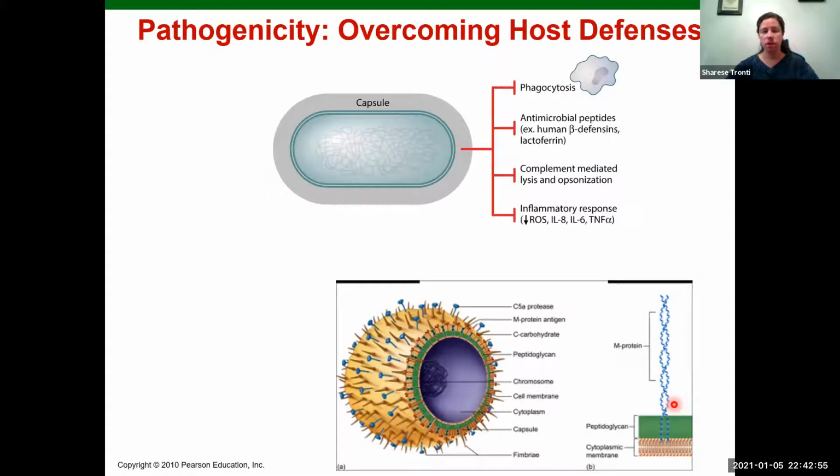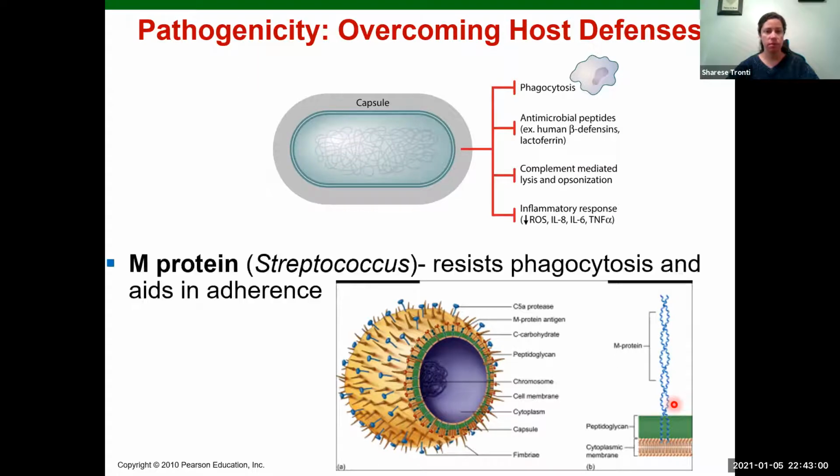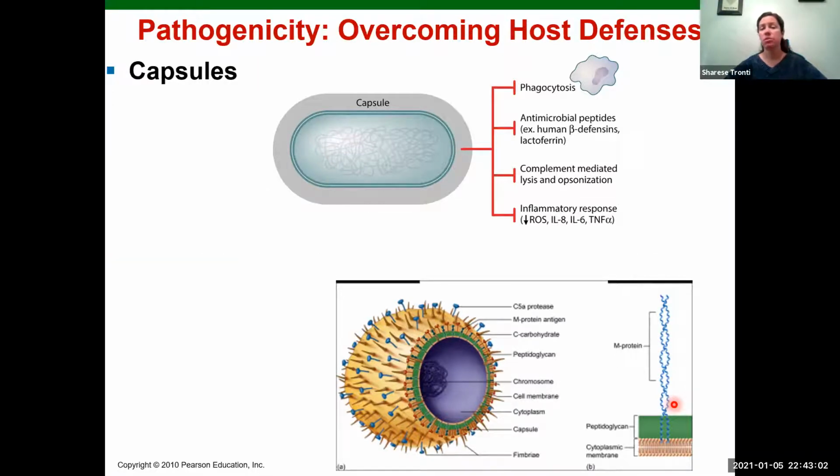All right, so a couple more factors. One is capsules. We've touched on capsules before. Capsules are going to help to evade host defenses. It's going to stop the immune system from effectively being able to stop the microbe. So the capsule is going to protect against phagocytosis.